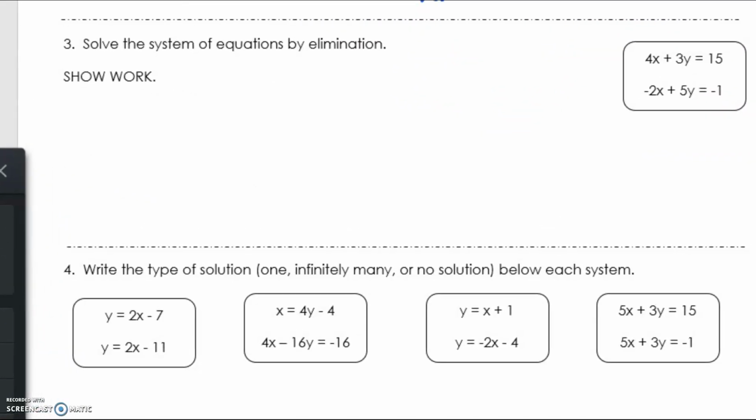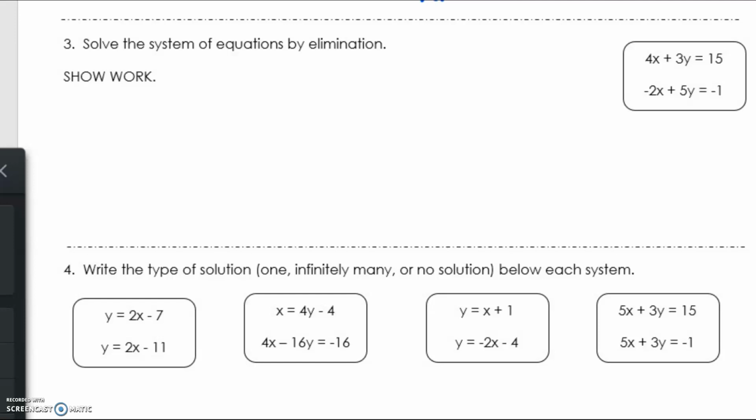Number 3, solve by elimination. In order to eliminate, I want to make sure that one of my terms is going to eliminate when I add down. If I add down right now, the x's do not eliminate. If I add down on the y's, they do not eliminate as well. So I'm going to have to multiply by something. I'm going to multiply the bottom equation by a 2, and that'll turn this into a -4x, and these will eliminate.